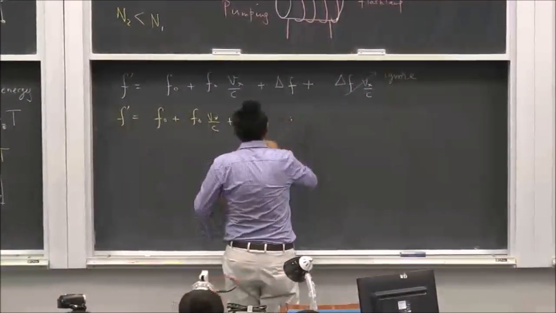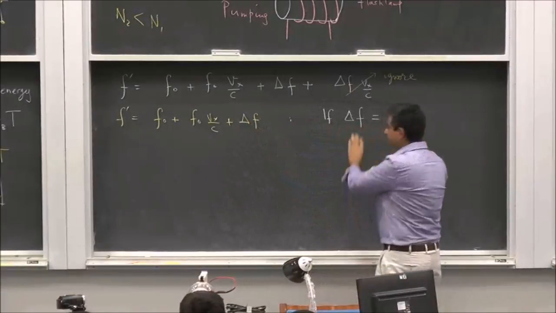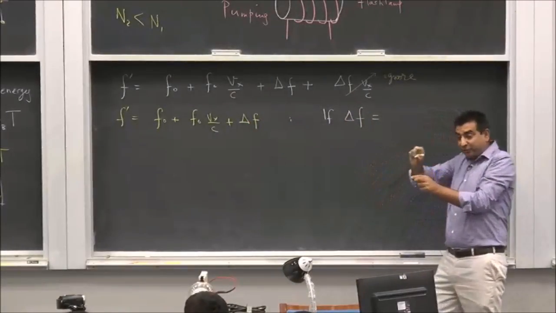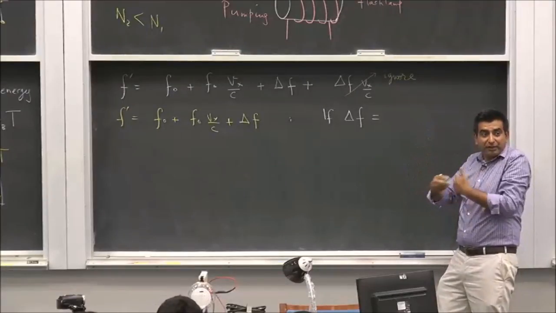If the detuning frequency delta F is set, because this is in your control, you have a laser and you can tune the frequency of the laser. You can have tunable lasers.